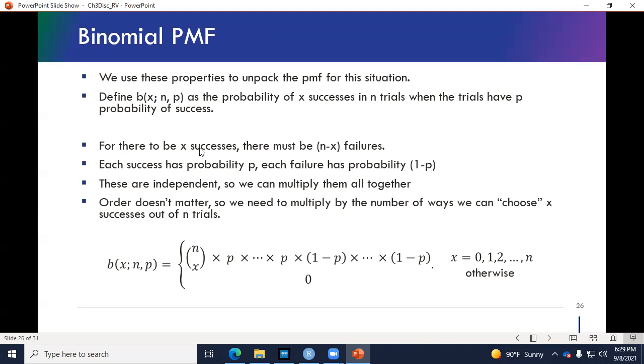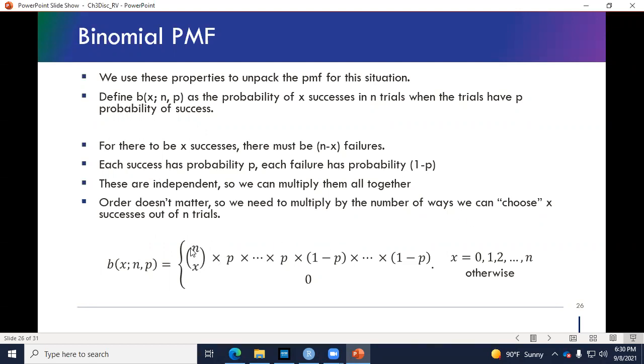For there to be X successes, there must be N minus X failures, because in total we have N trials. Some of them are successes, some of them are failures. Each success has probability P, and each failure has probability 1 minus P. And all of these are independent, so we can multiply them all together. That's what we learned from chapter 2: if they're independent, we just multiply them. And order does not matter, so we just do this.